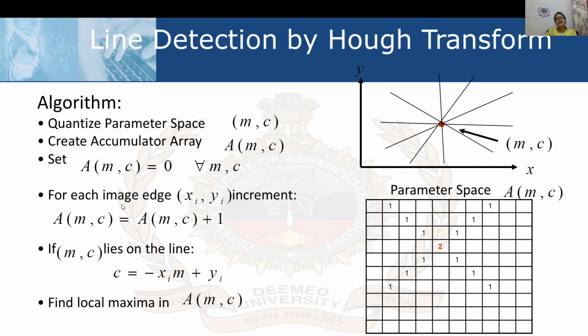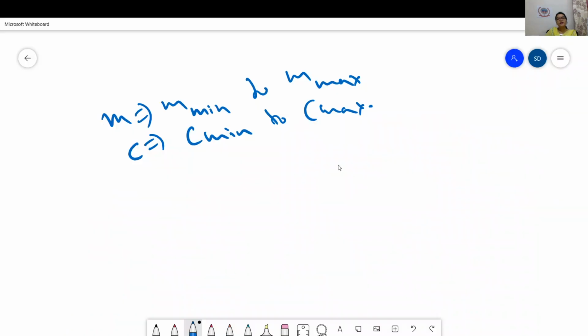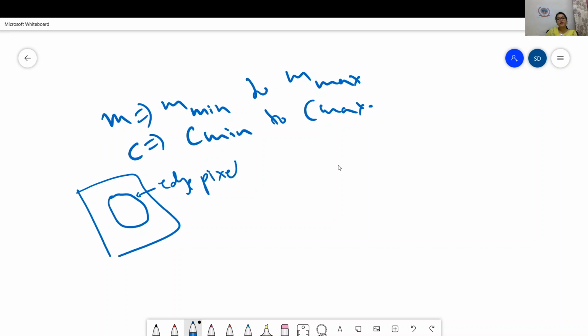For each image edge pixel xi, yi: once we apply edge detection on a given image, we get some edge pixels. These may have some broken links, but most edge pixels will be in this particular area.